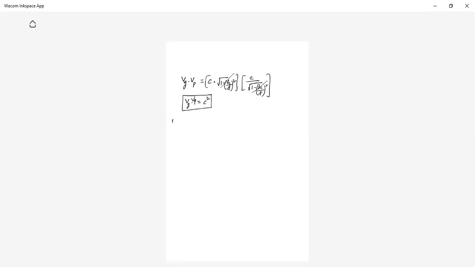So then, derivation for guided wavelength. That is lambda g in terms of free space wavelength and cutoff wavelength.